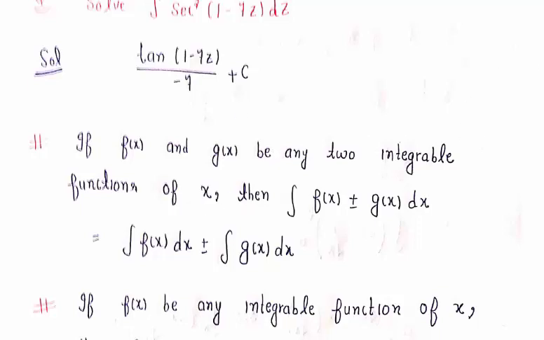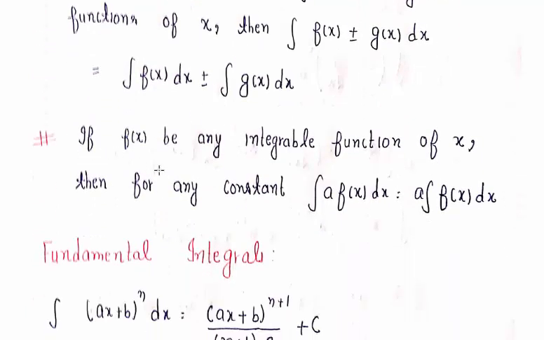Next is, if f(x) is any integrable function of x, then for any constant a, the integration of a f(x) dx is equal to a times the integration of f(x) dx.